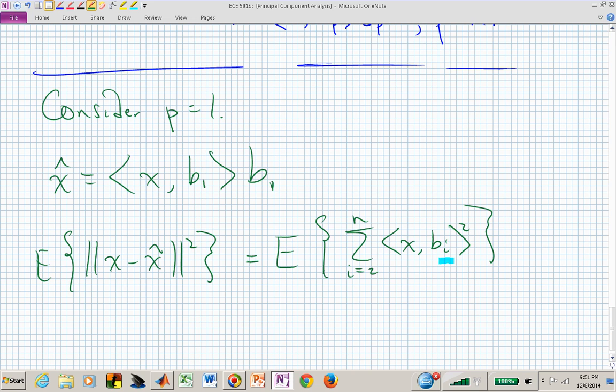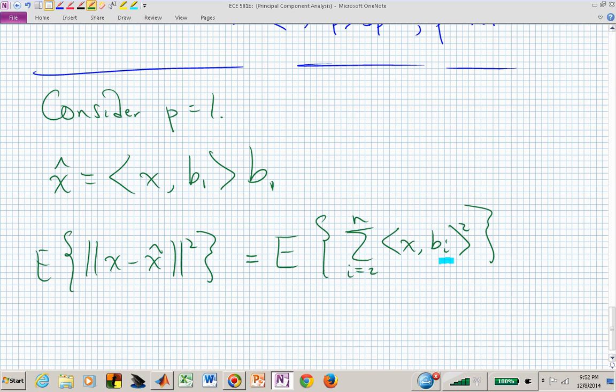What we want to do is minimize this difference between x and x hat when little p is equal to 1.